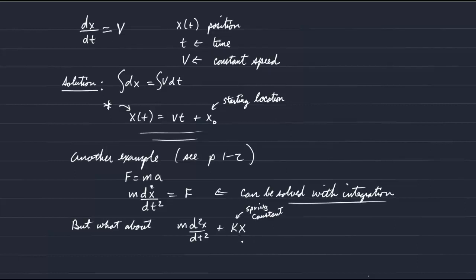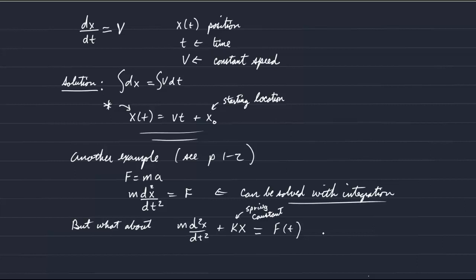If you have a mass attached to a spring, the force is proportional to how far the mass has been moved, because it stretches or compresses the spring. And then we have an imposed force, an external imposed force on our mass. So how do we solve this?